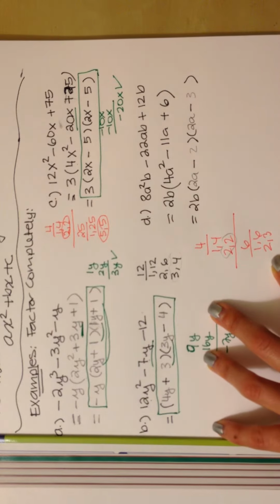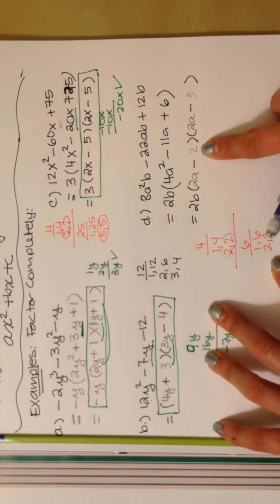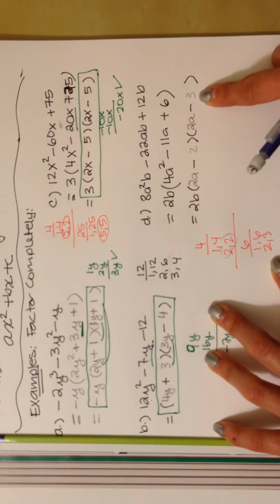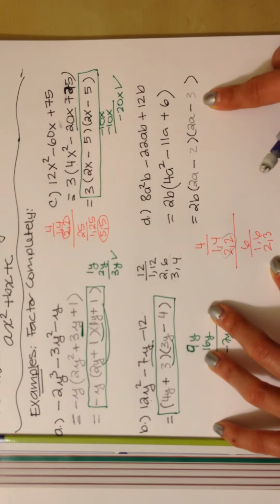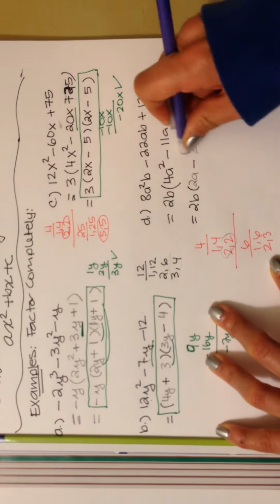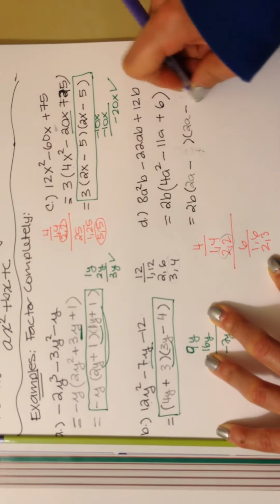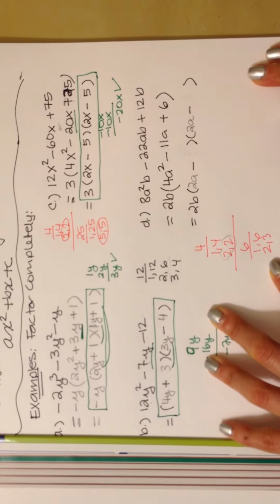There happens to be a problem because the first parenthesis contains a GCF. Cannot have a GCF here. If I switch the 2 and the 3, I put the 3 here, the 2 here, now there'll be a GCF in the second parenthesis, so we can't have that. So 2 and 3 will not work with 2 and 2. Okay, so that doesn't work. Can't have a GCF in the parentheses.